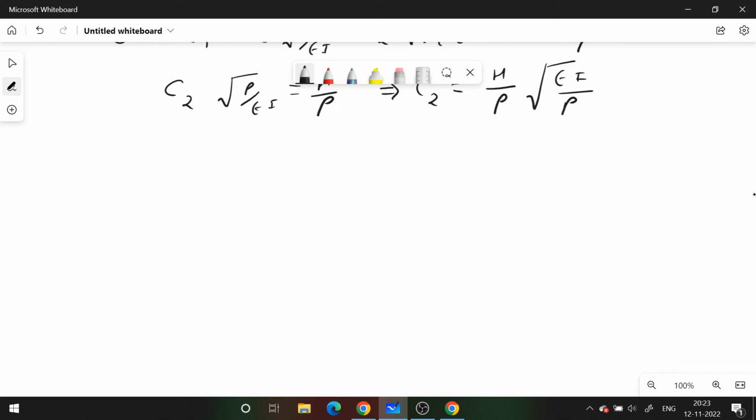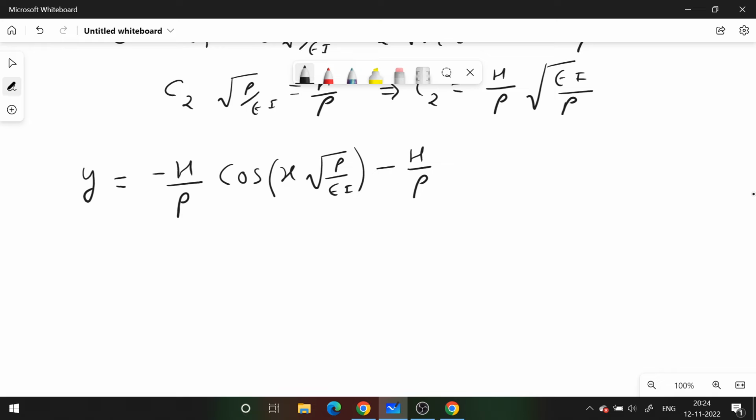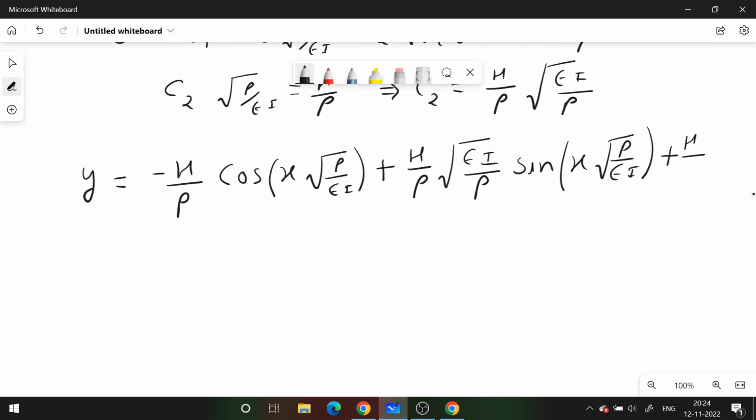Substitute the value of C1 and C2 in equation. Y is equal to minus H by P L cos x under root P upon EI plus H by P under root EI upon P sin x under root P upon EI plus H upon P (L minus x).